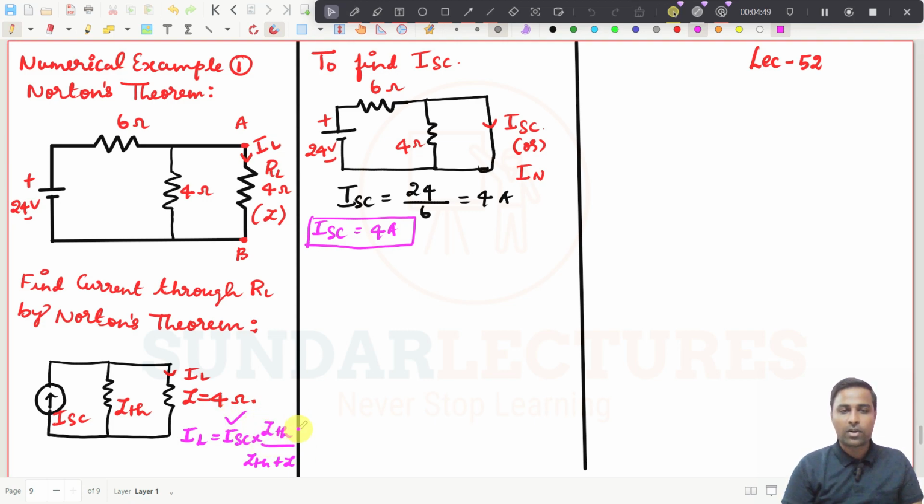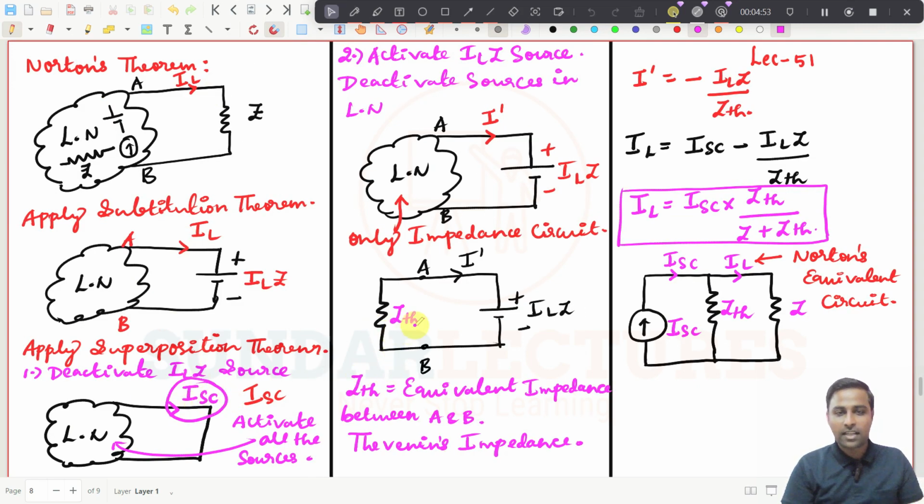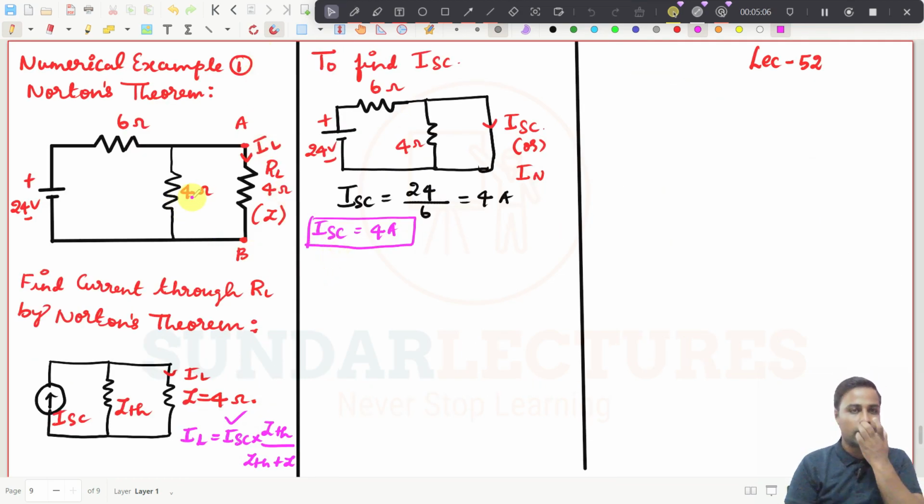Now we need to find ZTH. How will you find ZTH? To find ZTH, you short circuit the voltage source and open circuit the current source, leaving only the impedances in the circuit. Across this AB, you need to find the impedance value, that is ZTH.